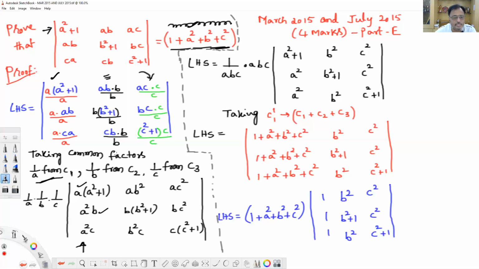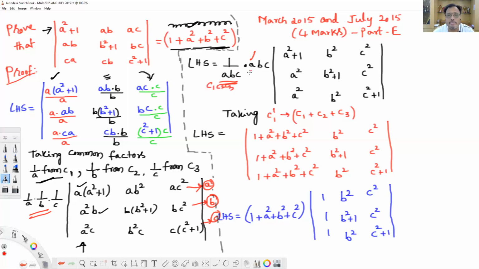Again, what I did is, in the first row I have taken A as common factor, in the second row B as common factor, in the third row C as common factor. This is already completed, 1 by ABC, from the columns it has come: 1 by A, 1 by B, 1 by C, from column 1, column 2, column 3.